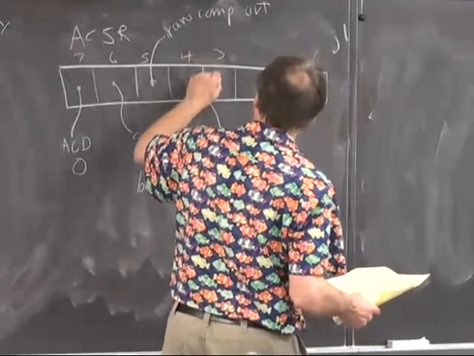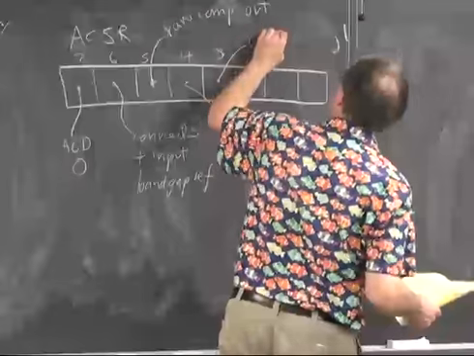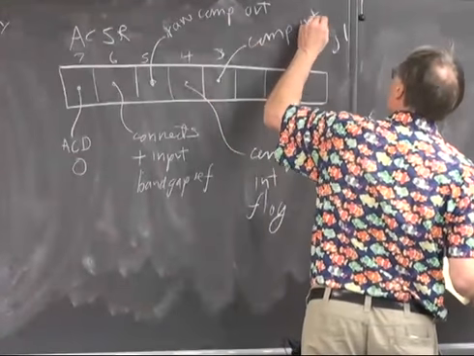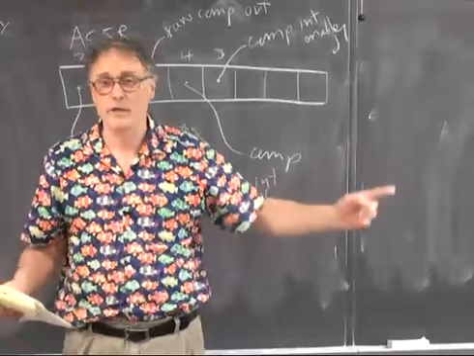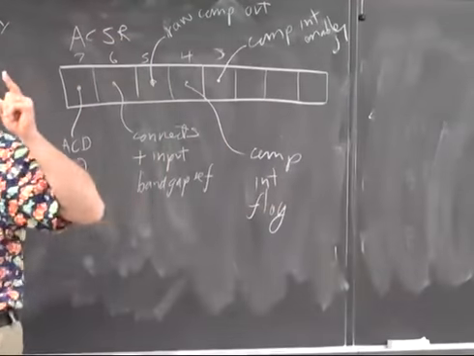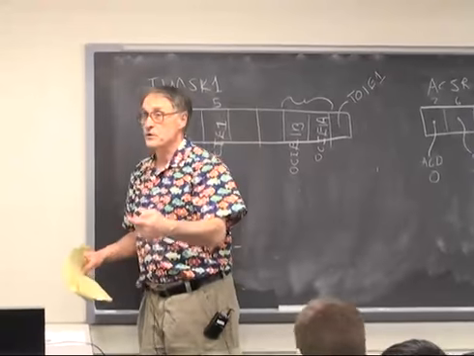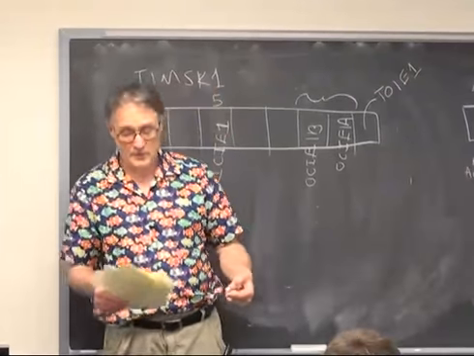Bit 3 is the comparator interrupt enable, which you are not going to want to turn on. You're going to use the timer 1 capture interrupt enable, not the comparator trigger interrupt enable.